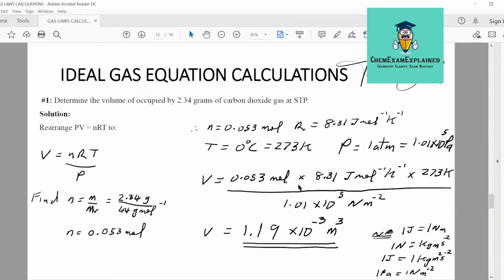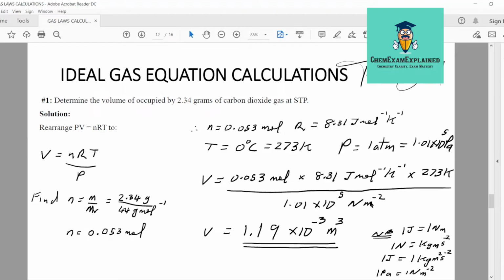Now notice that we have moles here, and here we have joules per mole per Kelvin. So the mole would cancel the mole here, and the Kelvin would cancel the per Kelvin here. So the unit at the top here would be joules. Then we have down here pressure, which is Newton per meter squared.